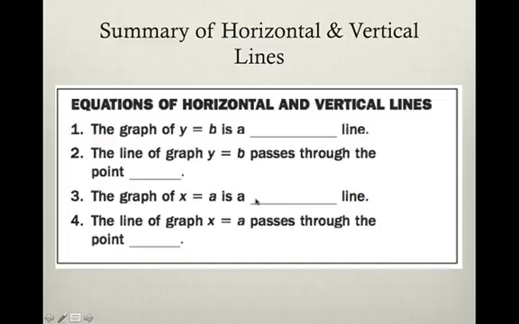Okay, a summary of horizontal and vertical lines. We have the graph of y equals b. Don't let that confuse you. Just think of y equals some number. b is just the number. y equals some number is a horizontal line.